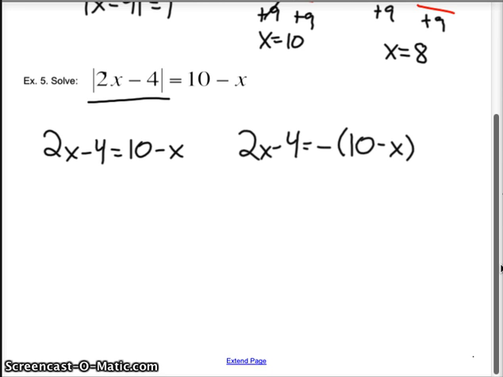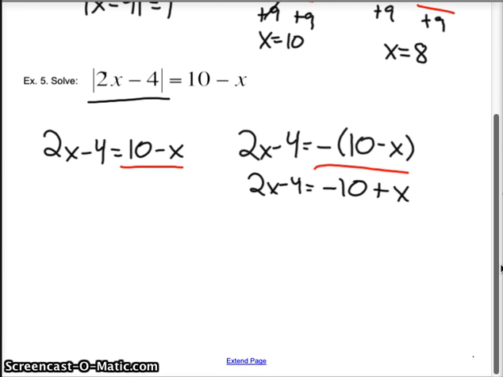So, by equaling the opposite of 10 minus x, again, we're getting that positive and negative relationship in our 2 equations, the positive of that right-hand side and the negative of that right-hand side. So, I'm going to take that negative and distribute it through right away, okay? So that's going to be a negative 10 plus x, all right? Just to take care of that negative right off the bat.